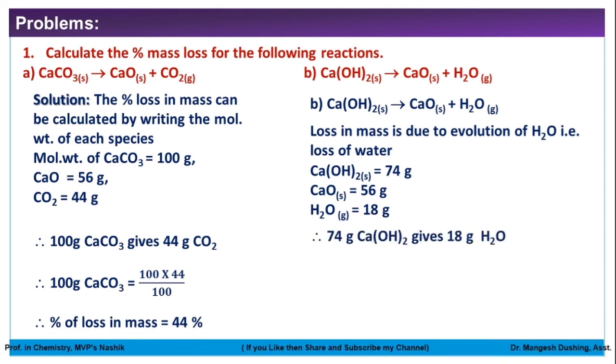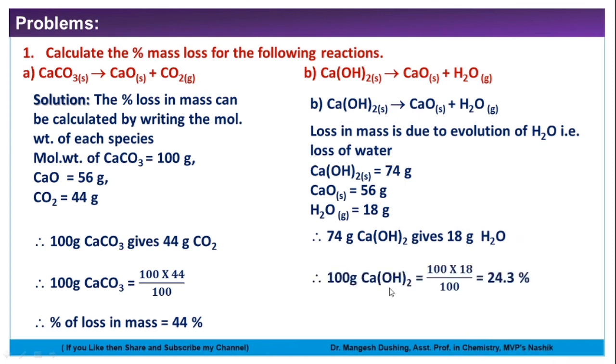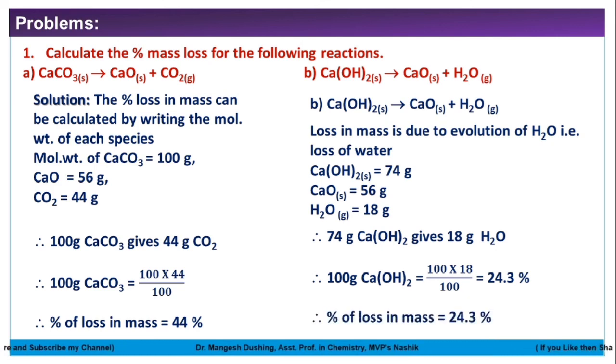So 74 gram of calcium hydroxide gives 18 gram of H2O. For 100 gram of calcium hydroxide, 100 into 18 divided by 74 is equal to 24.3%. So the percentage loss in mass of calcium hydroxide is 24.3%.